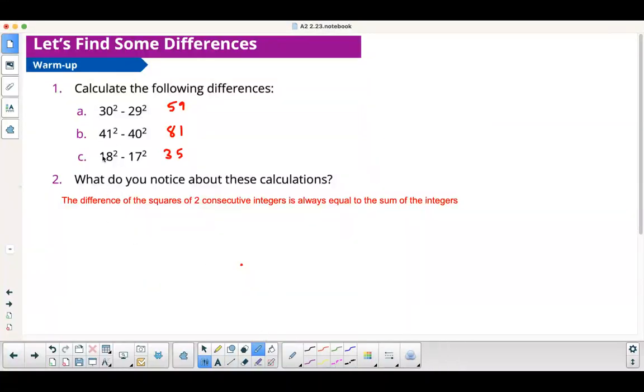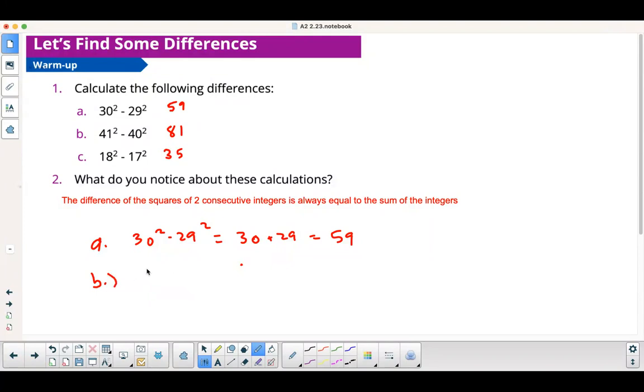So, 18 and 17, those are consecutive. So the difference of the squares is always equal to the sum. If I took 18 plus 17, so let's start with A. A would be 30 squared minus 29 squared. Should be the same as 30 plus 29. Both of those will give you 59.